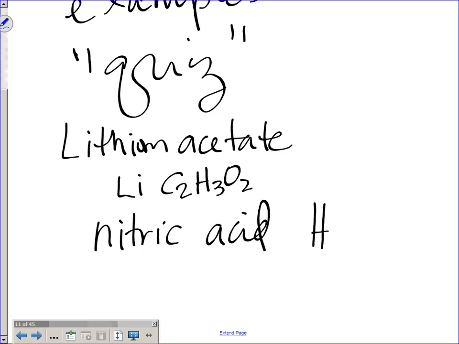What's next? Okay, so nitric is coming from nitrate, right? That's the "it ate too much" thing. So it's nitrate. What is nitrate? And then that charge is a 1 minus. So nitrate has a 1 minus charge. H plus has a 1 plus charge. So 1 and 1, nothing needs to be crisscrossed. You want to sit on that side so you can see me?